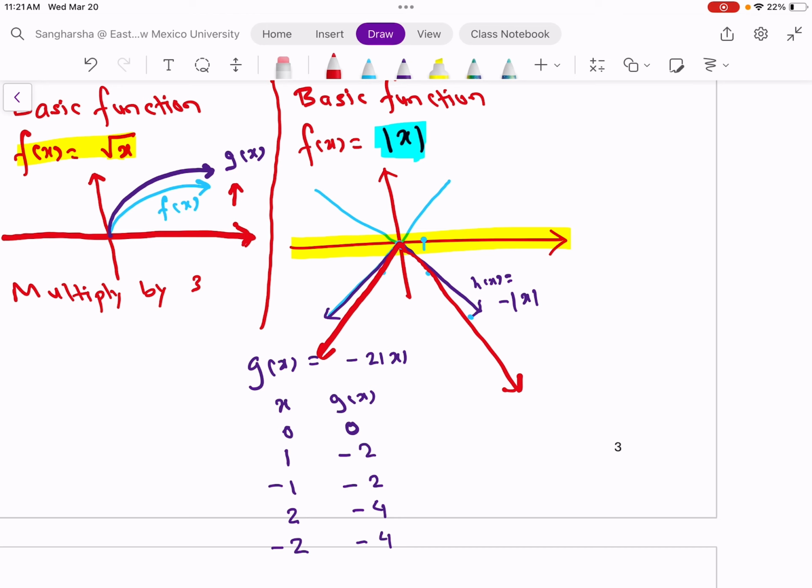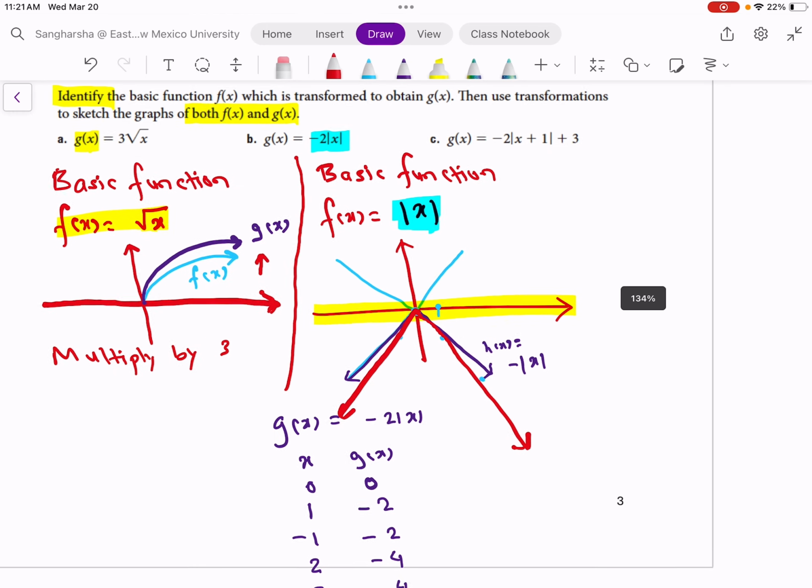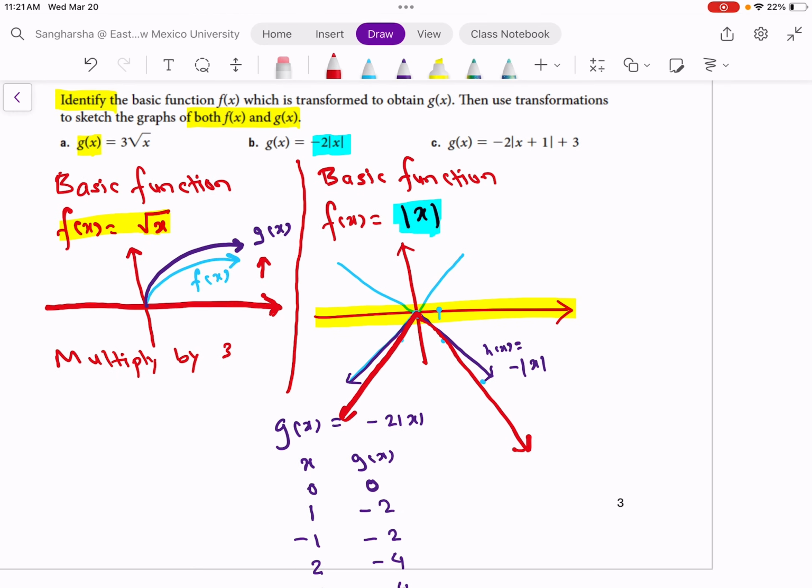So when you have the negative, you reflect across the x-axis. If you multiply a function by a number greater than 1, then you are stretching vertically away from the x-axis.